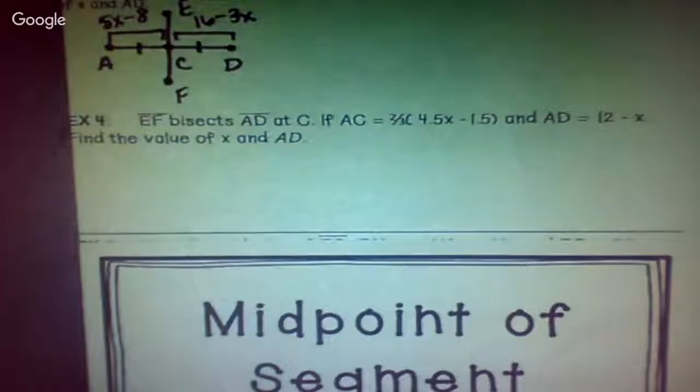When we go to solve, we have to make sure that we're answering the question. It says find the value of x and AD. Well, I need to find x before I can do anything. So let's find x. If this is a bisector, we said that the two pieces are what? Equal. So we set them equal to each other. 5x minus 8.